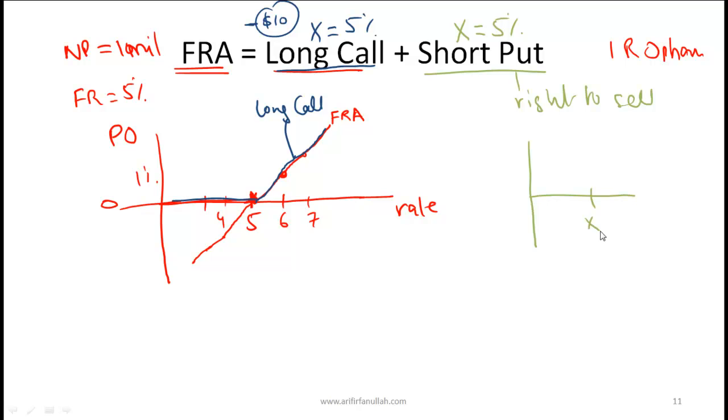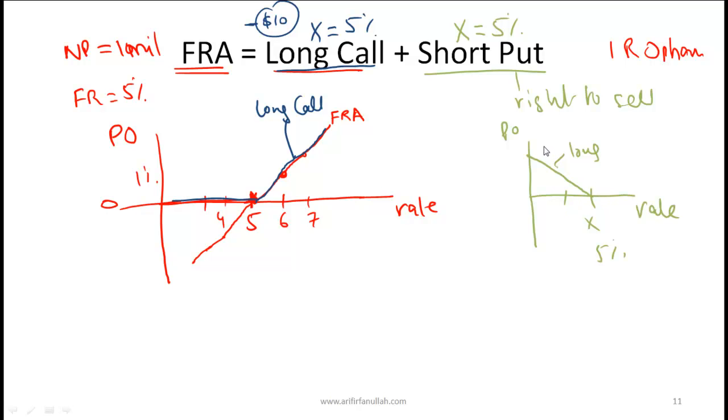Remember that if this is our strike price, the x-axis is the rate, the y-axis is the payoff. So if you recall, the long put has this payoff, which means that if you are long, you have the right to lend money at say 5%. That right to lend money at 5% is useful if the market rate is less than 5%.